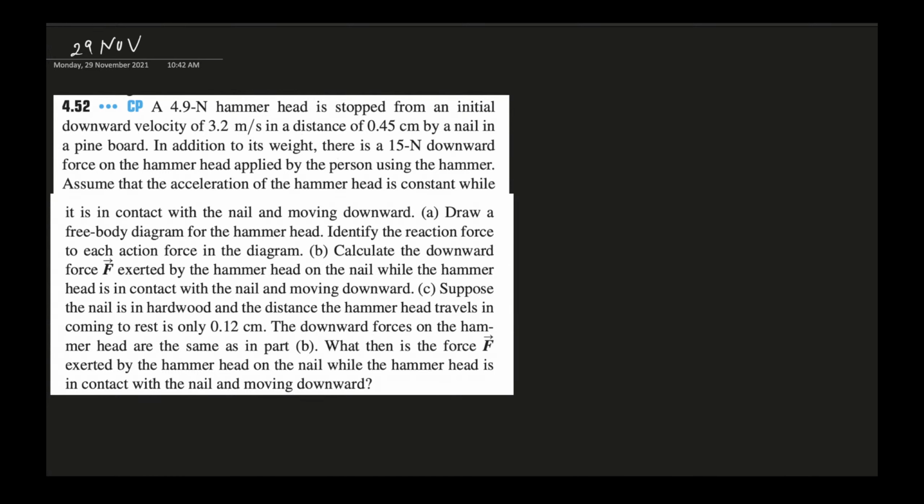In addition to this weight, there is a 15 Newton downward force on the hammerhead applied by the person using the hammer. Assume that the acceleration of the hammerhead is constant while it is in contact with the nail and moving downward. Draw the free body diagram for the hammerhead.